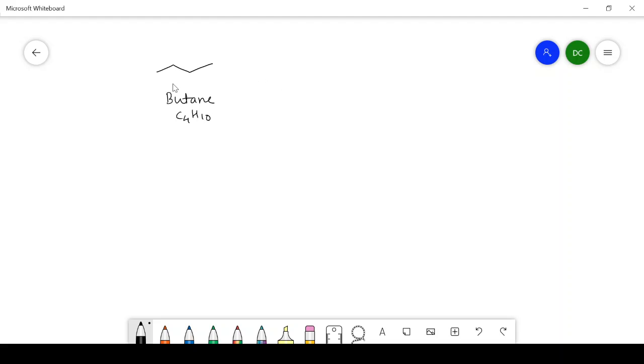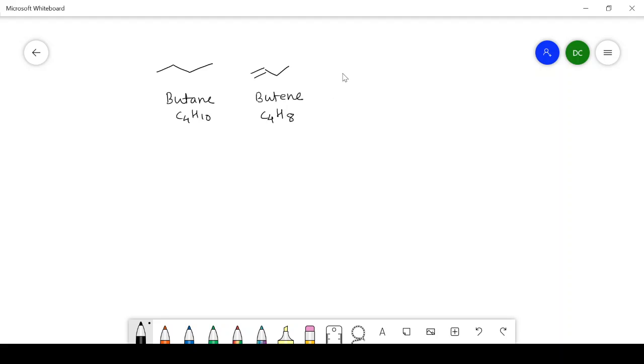C4H10. If I put one double bond in this butane, then the structure becomes like this, and it gets converted into a butene, and the molecular formula is C4H8.